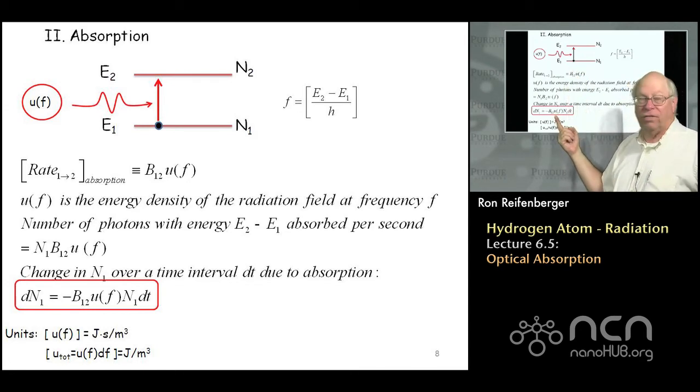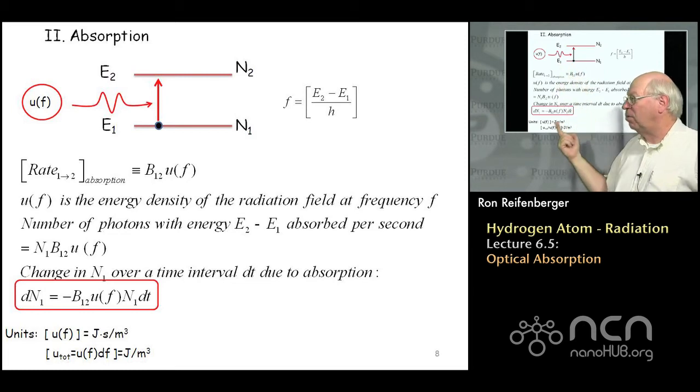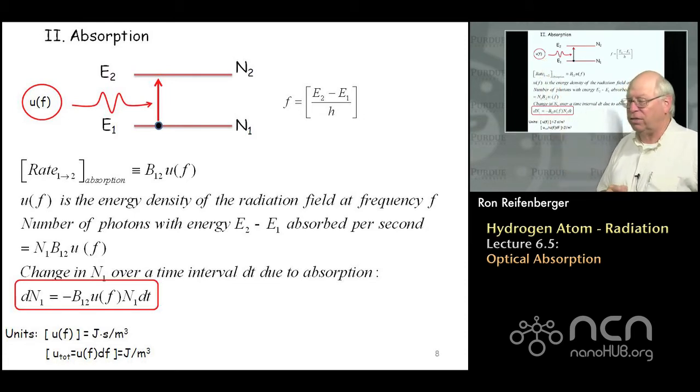And the argument is very similar to what we've already been through, right? The change in N1 with time is going to be linear in time, so the change dN1 is going to be proportional to the time interval dt, and it's going to depend on the number of atoms that have electrons in energy E1, so that's this N1 factor, and then it's going to depend on this rate, B12 times U sub F, where U sub F is telling us something about the incident radiation field.